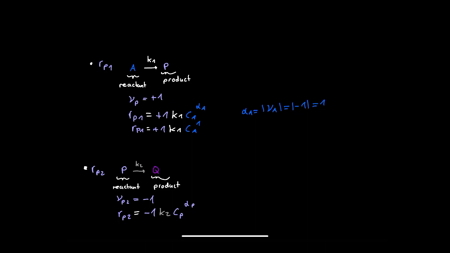Hence, alpha P is going to be equal to the absolute value of the stoichiometric coefficient of the species P, which is -1, and the absolute value of it is going to be 1. Hence, Rp2 will result in the following: -1 times K2 times Cp elevated alpha P, which is 1.